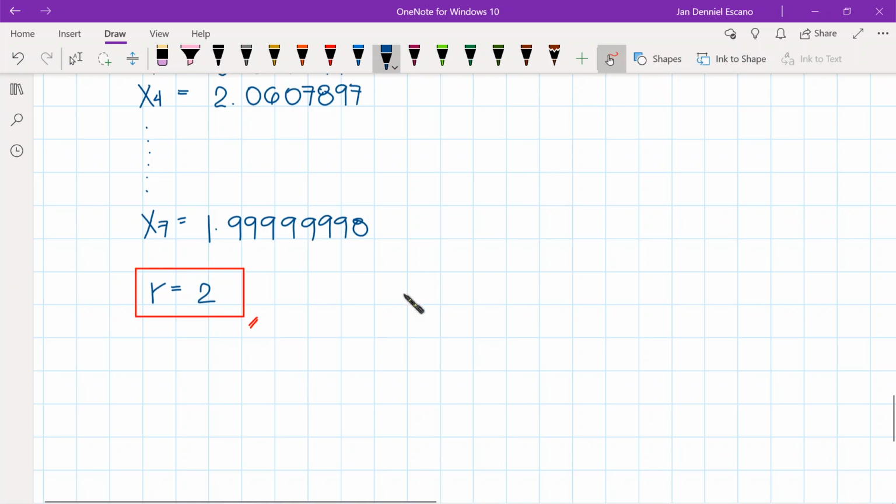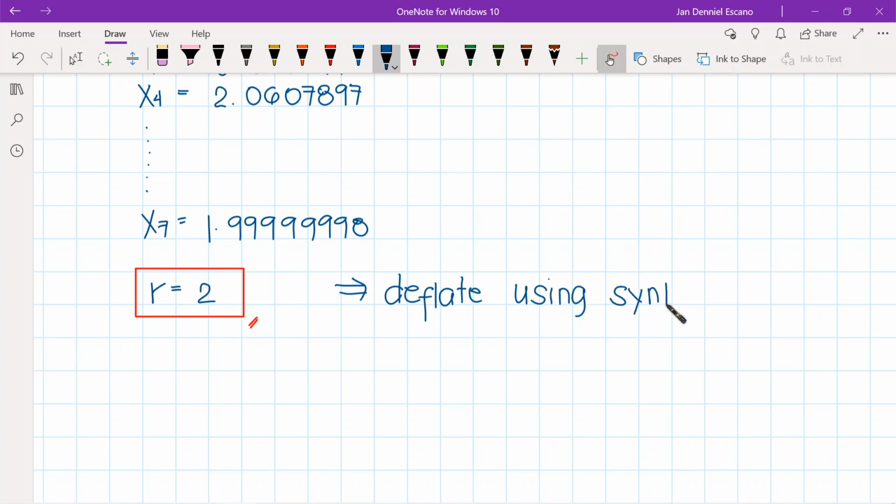So after finding one of the roots, we can now deflate our original equation. When you say deflate, we can divide the equation by this root by using synthetic division because it is much easier. Okay, but I'm not gonna dig deep into using synthetic division.